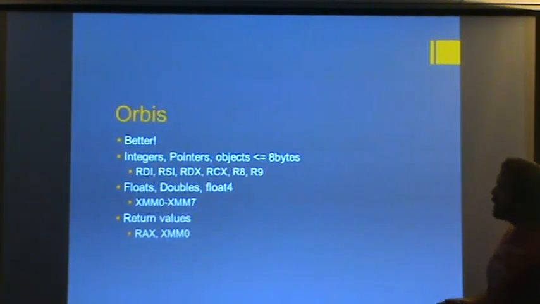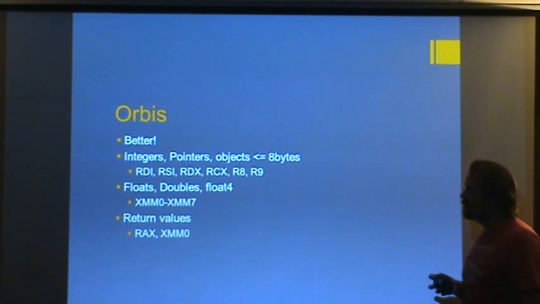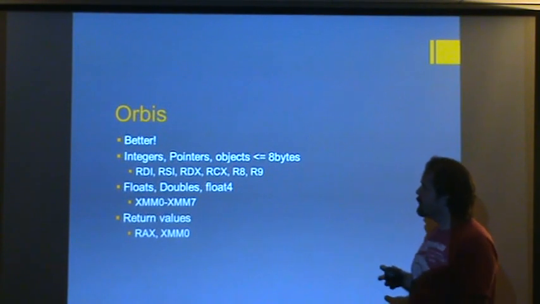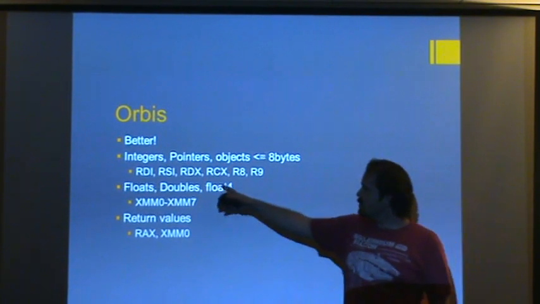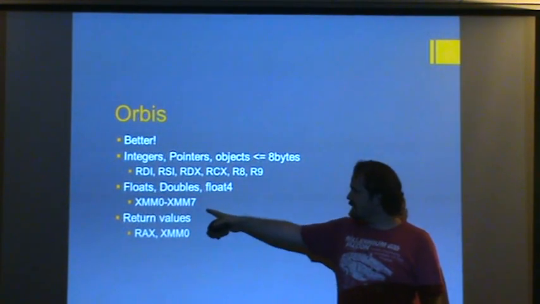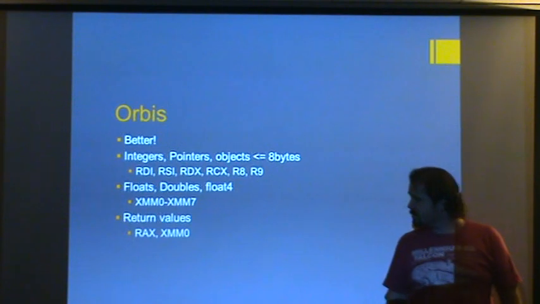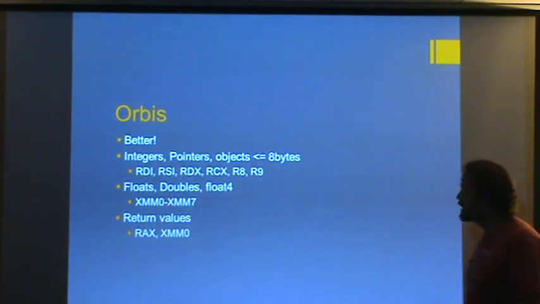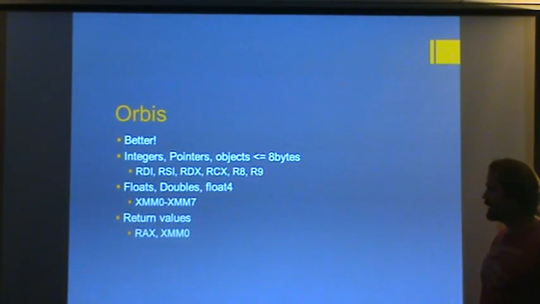This is different from Orbis, which has a much nicer and more flexible ABI. It's based on the System V AMD64 ABI. You have 6 registers available for integer and pointer arguments, and you have all 8 SSE2 registers available for float arguments, and the return values are the same in RAX and XMM0.